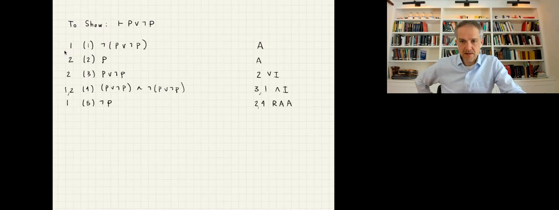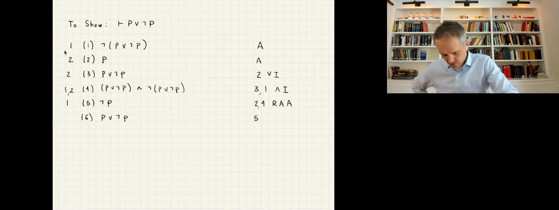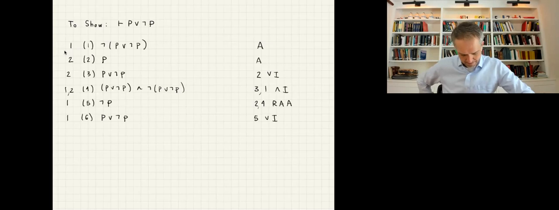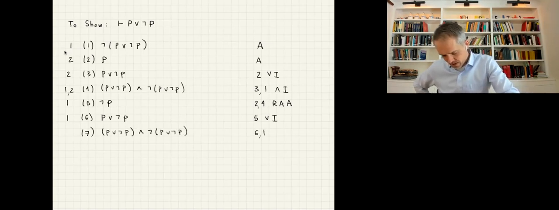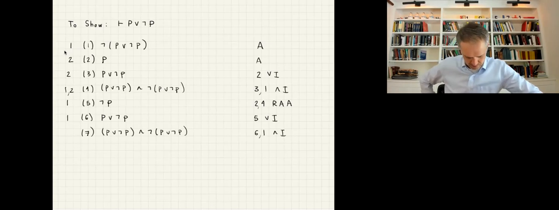That is, we see that not P or not P leads to not P. Okay, but now line 5 is also going to give P or not P. So 5 or introduction. Once again, 1 leads to its own contradiction of itself. So we have P or not P and not P or not P. 6, 1, and introduction.